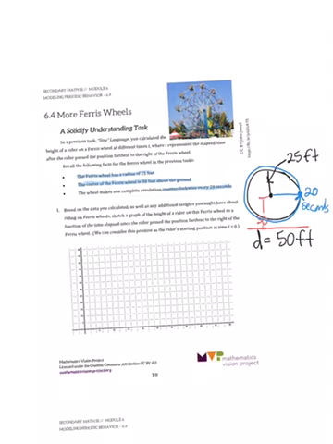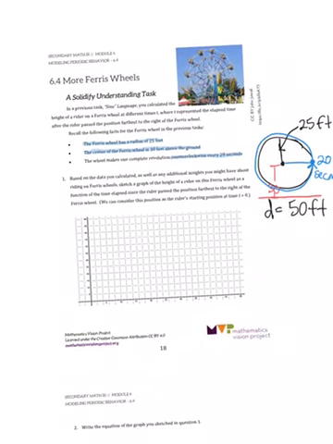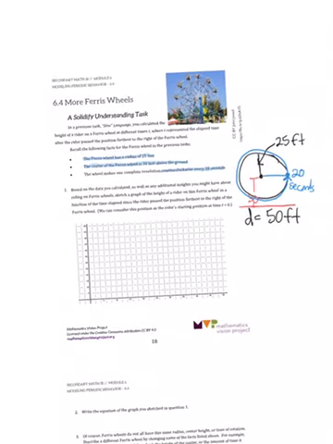Okay, so that's the information that we need to know about this particular problem. Now, based on that, the data you calculated, as well as any additional insights you might have riding on Ferris wheels, sketch a graph of the height of the rider on the Ferris wheel as a function of time.